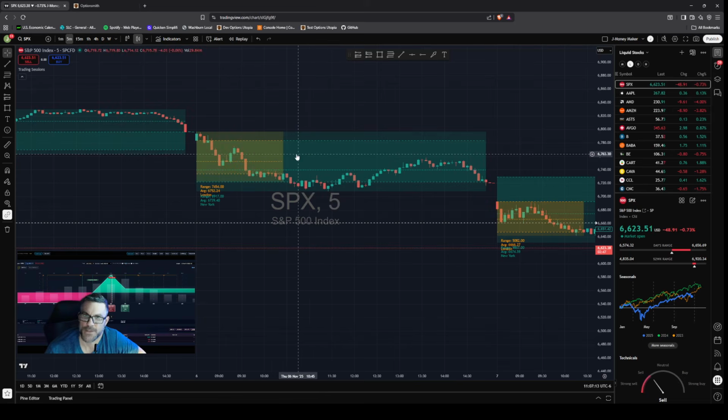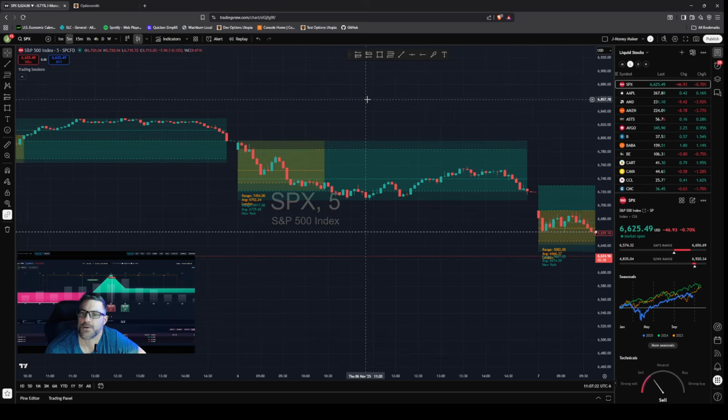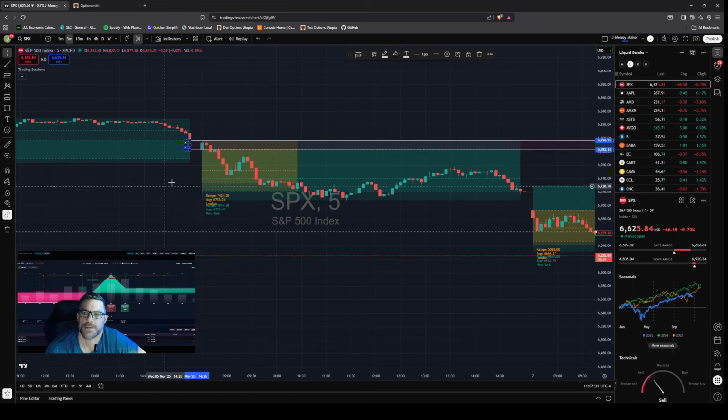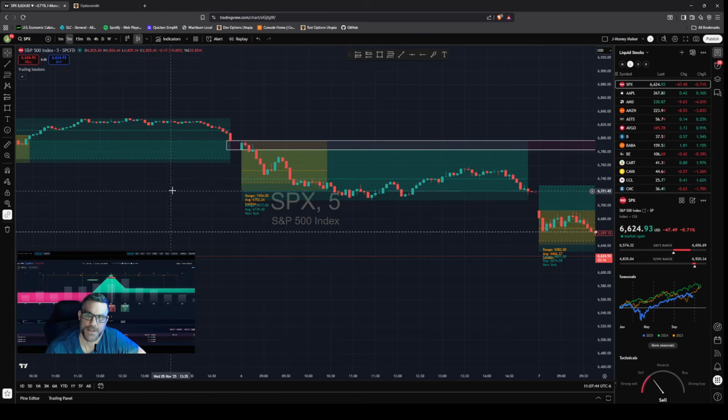So first, I'm going to talk about the four main ways a trade can play out with my broken wing butterfly strategy. As you know, if you've watched my other videos, I always look at the first 5-minute candle on the SPX, and I mark that with a rectangle so that I can see the range. And then as soon as another 5-minute candle closes above or below that range, that's how I decide to enter a broken wing butterfly.